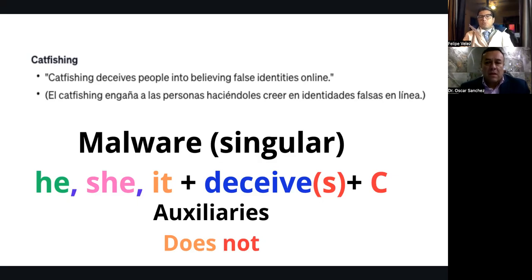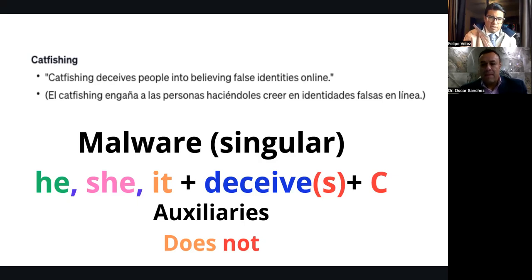Catfishing deceives people into believing false identities online. Again. Catfishing deceives people. Deceives. Catfishing deceives people into believing false identities. Again, false. Catfishing deceives people into believing false identities online.